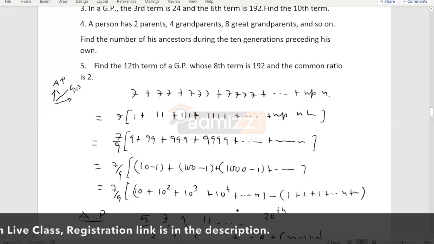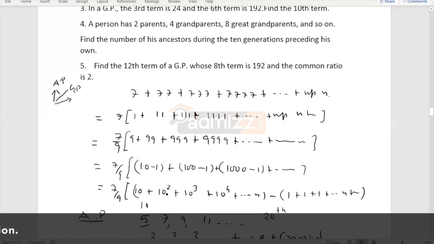So now this is in geometric progression. 10 square divided by 10, ratio is 10. 10 cube divided by 10 square, ratio is 10.